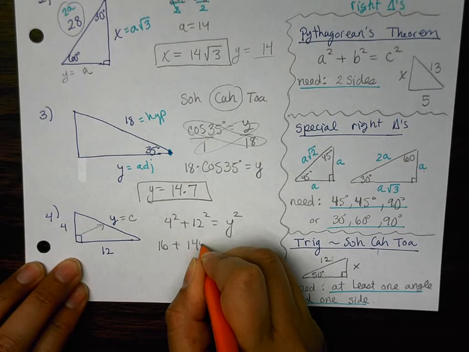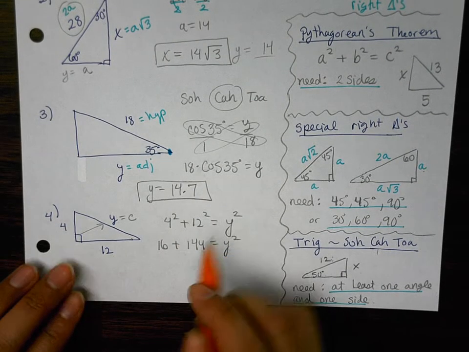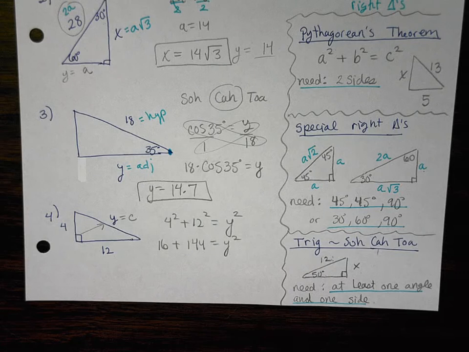All right. 16 plus 144 equals y squared. If you don't plug this in the calculator, this is the one where you break it down, factor tree.